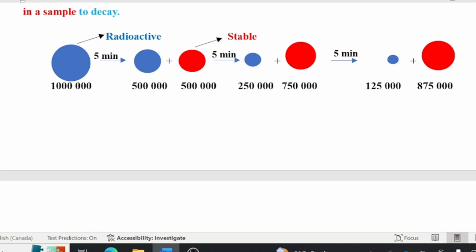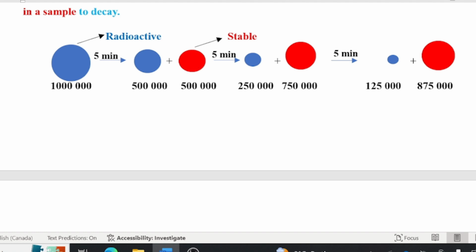What that means is, after 5 minutes, half of these atoms will decay to produce a new element that is stable. So we're going to be left with 500,000 atoms of the radioactive nuclei, but we will end up with 500,000 atoms of a different element that is stable.